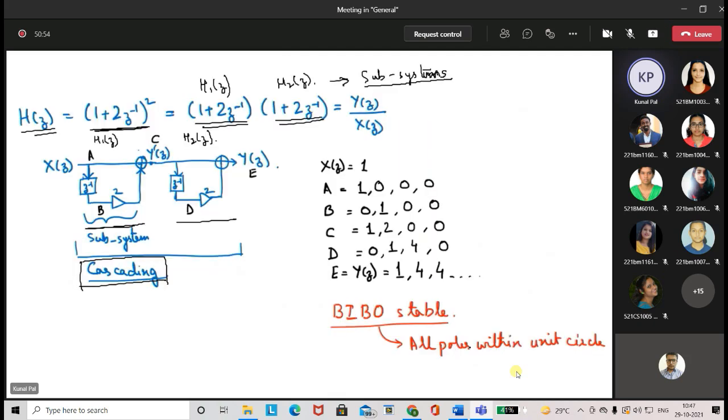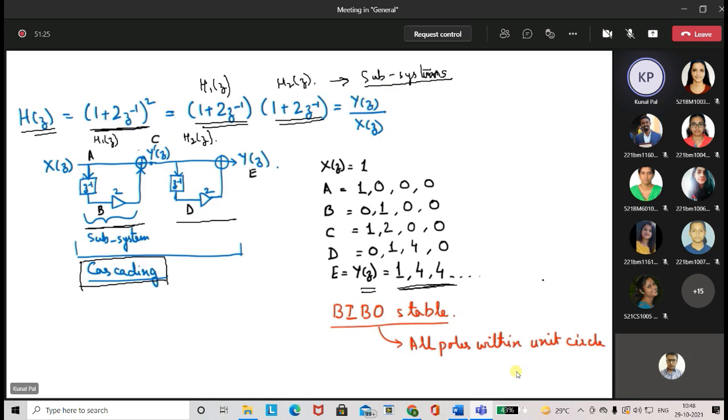Again, when we implement using the cascading form of realization, we find that the output is the same, and after a certain number of outputs, we have no outputs at all.